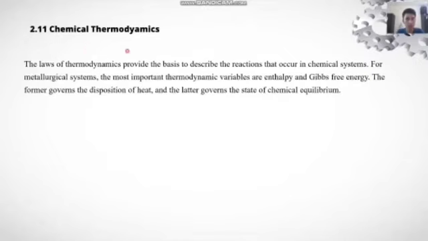2.11 Chemical thermodynamics. The laws of thermodynamics provide the basis to describe the reactions that occur in chemical systems. For metallurgical systems, the most important thermodynamic variables are enthalpy and Gibbs free energy. The former governs the disposition of heat, and the latter governs the state of chemical equilibrium.